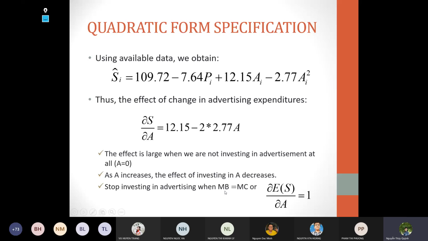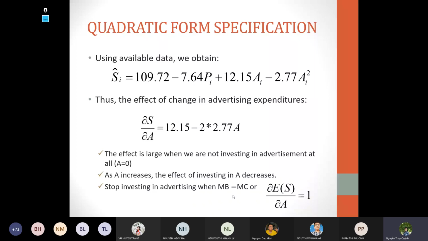So what is the marginal benefit of advertising? In this case, what is the marginal effect? We say that when the marginal benefit is equal to the marginal cost, we have the optimal level, like we have an optimal production level.